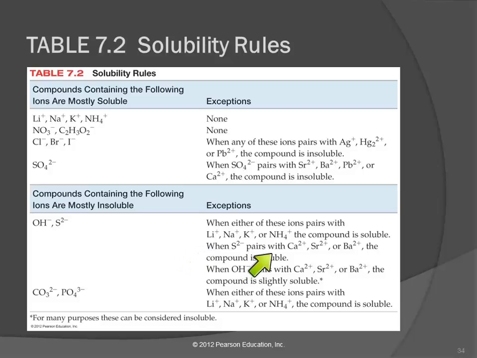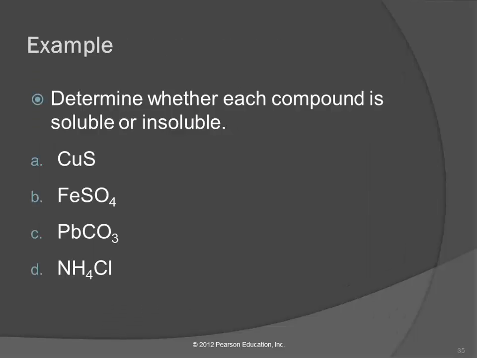When sulfide pairs with calcium, strontium, or barium, but that's not what we have. So this guy is insoluble. What color are we? Let's go with the white. So insoluble.